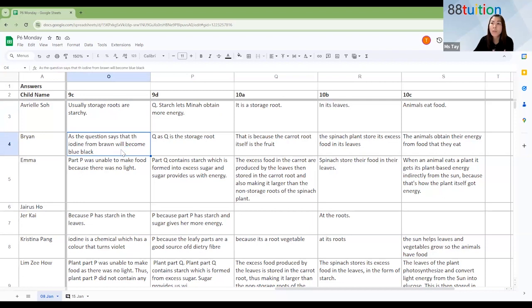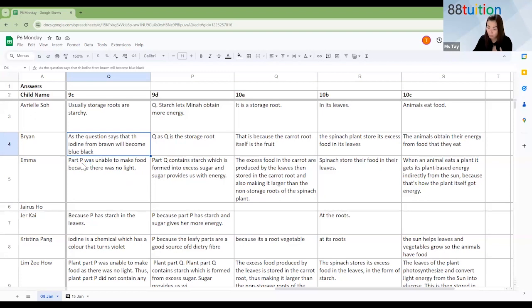So you must talk about the part where energy comes in. Having the iodine changing from brown to blue-black is not going to give her extra energy. Get what I mean? So it is the starch, which is the excess sugar, which will actually be the source of energy for Mina.